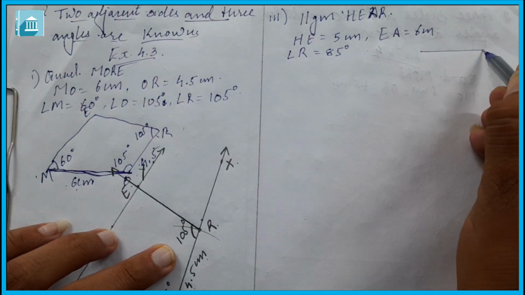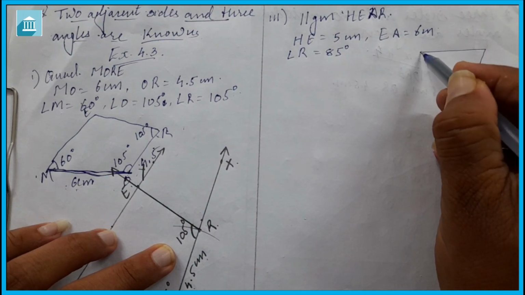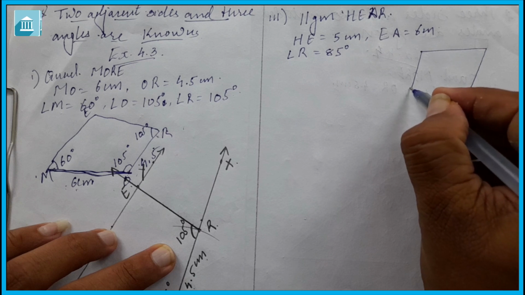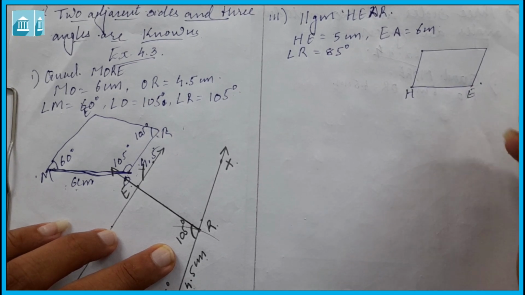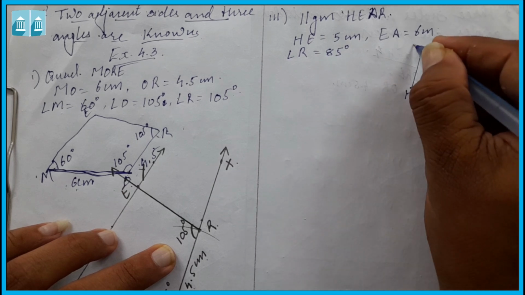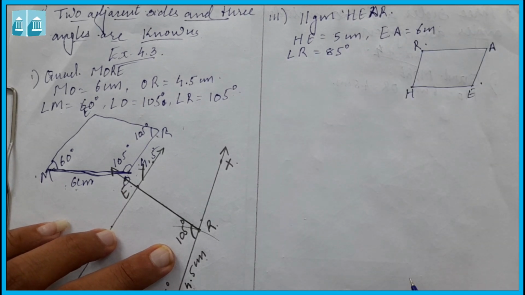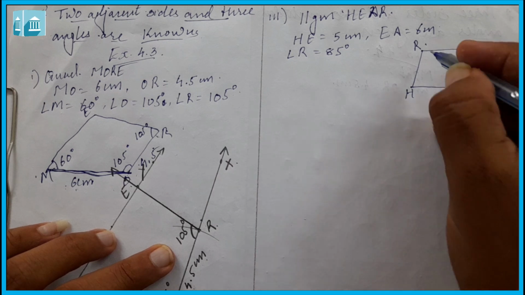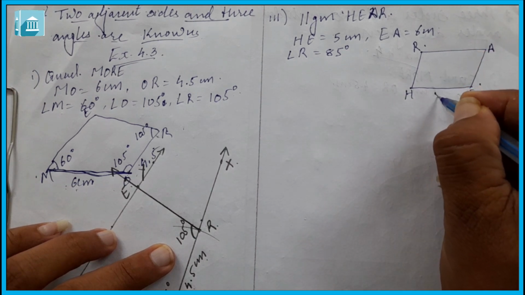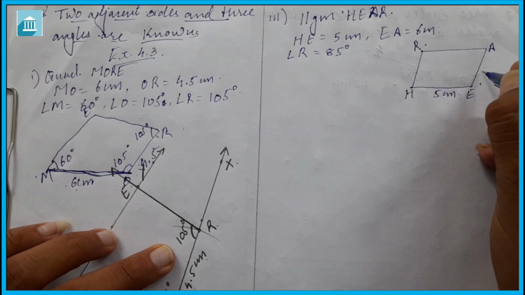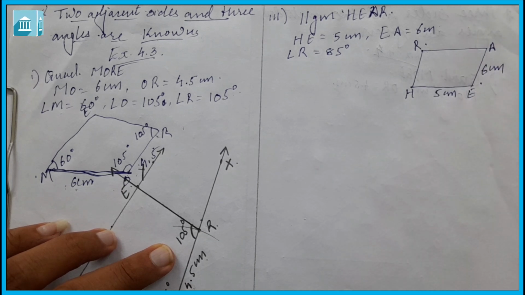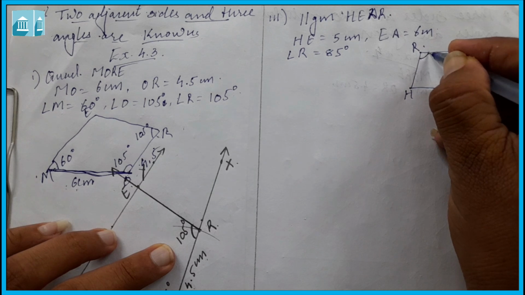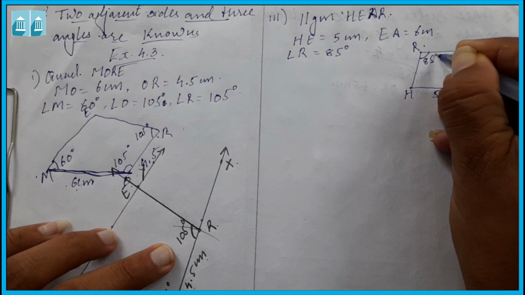Now we can draw one parallelogram here like this. Suppose HEAR, this is the required quadrilateral. Here it is given that this is our 5 centimeter, this is our 6 centimeter, and angle R is equal to 85 degree.